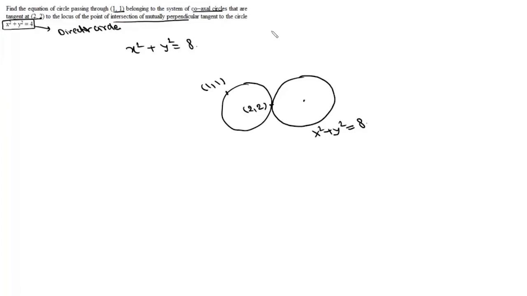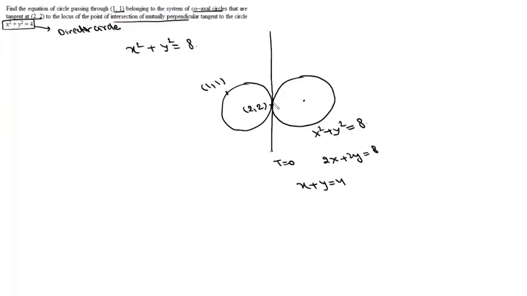What we'll do is find the equation of the tangent to this circle at this point 2, 2. We know this equation is given by T equals 0. So it will be 2x plus 2y equals 8, or we can simply write x plus y equals 4.